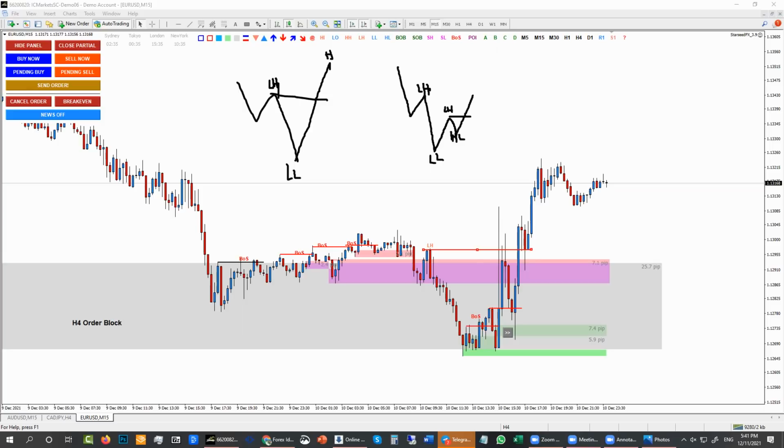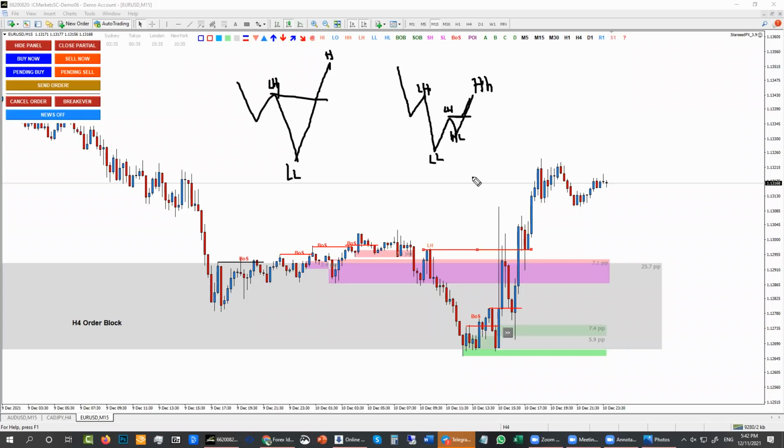The one to the left is chocolate, okay, but the right one is vanilla, yes, you can say that. To me, it's just reversal also, when there is a lower high and suddenly there is a higher high from the lower high, that is a chocolate pattern, okay?